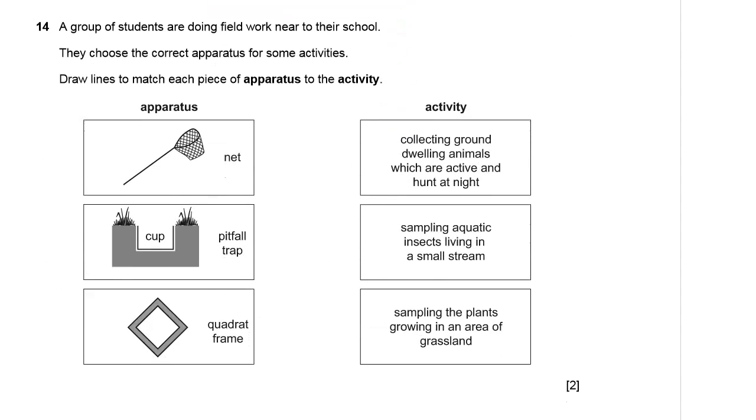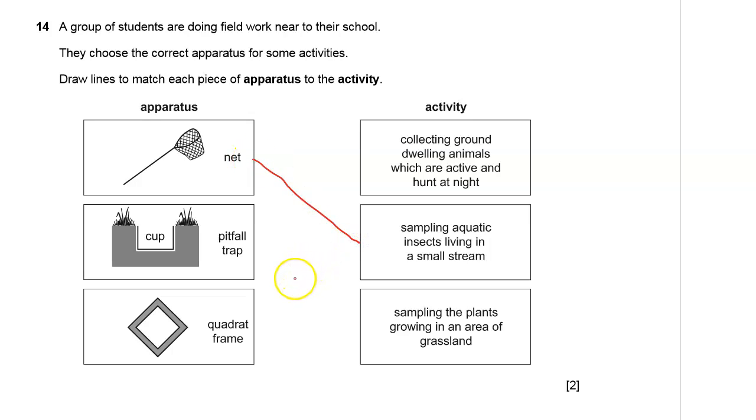Number 14. A group of students are doing field work near their school. They choose the correct apparatus for some activities. Draw lines to match each piece of apparatus to the activity. Of course, the net is used for sampling aquatic insects in small streams. So the net comes here.